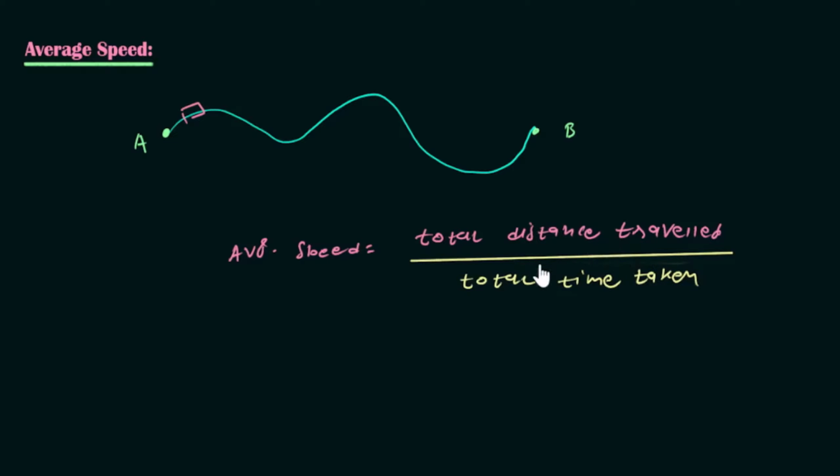Total distance traveled divided by total time taken is known as average speed.